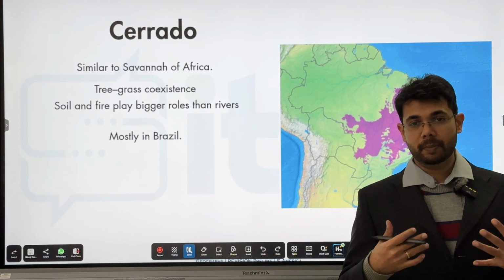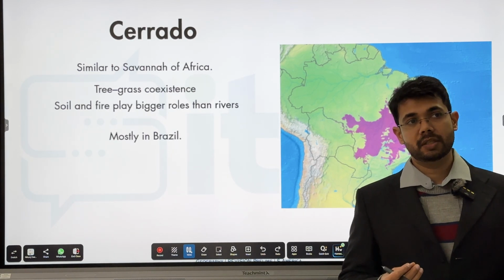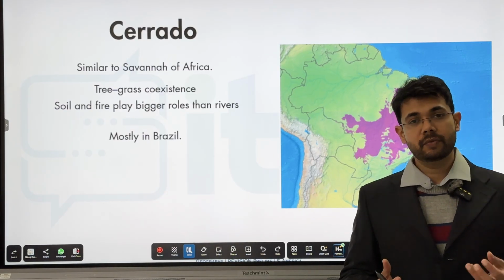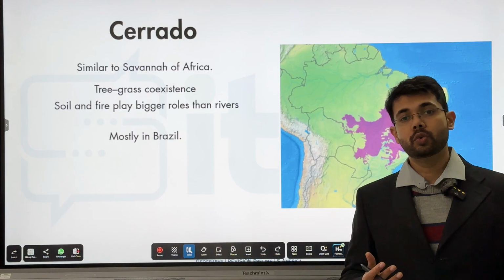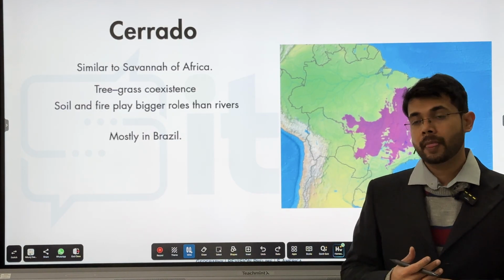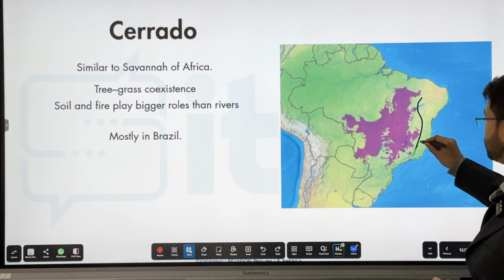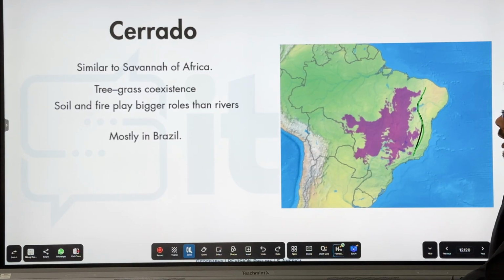Because of repeated seasonal fires, the new tree seeds are not able to grow, they get burnt. Very few trees are able to grow, and once they grow, they have a huge root system, and fires don't affect them after that. So there is a tree-grass coexistence in the Cerrado grasslands. Soil and fire play a major role over here, and it is mostly in Brazil.